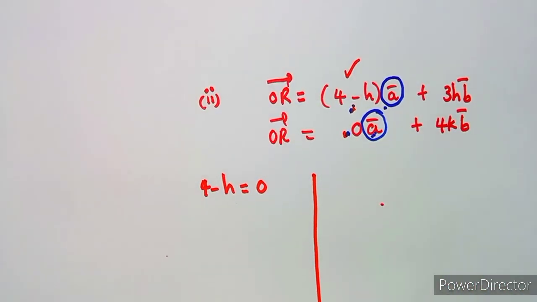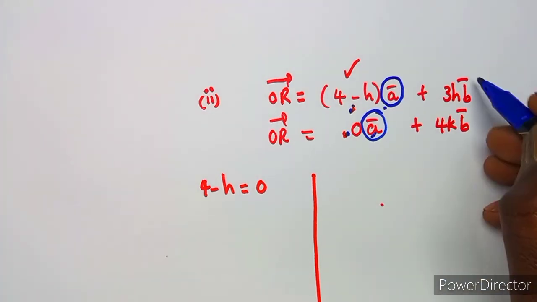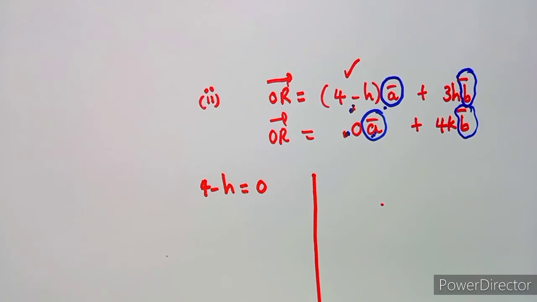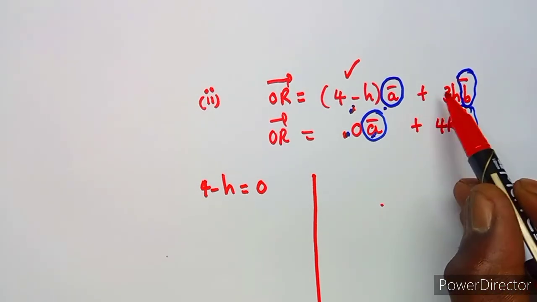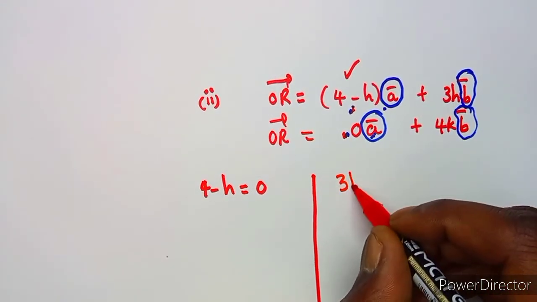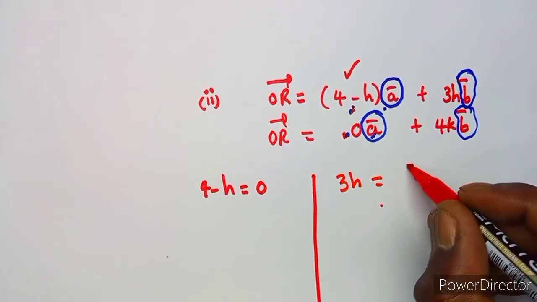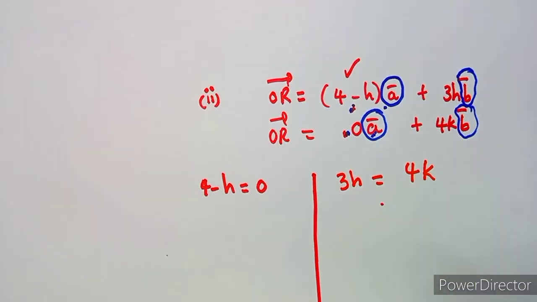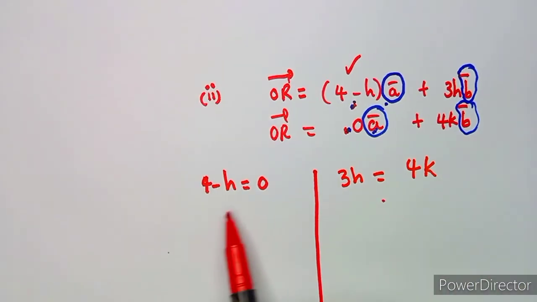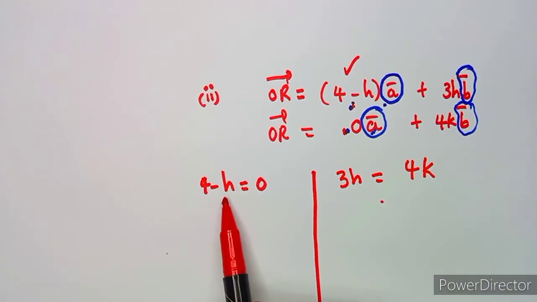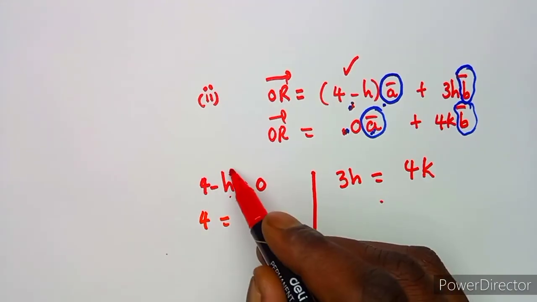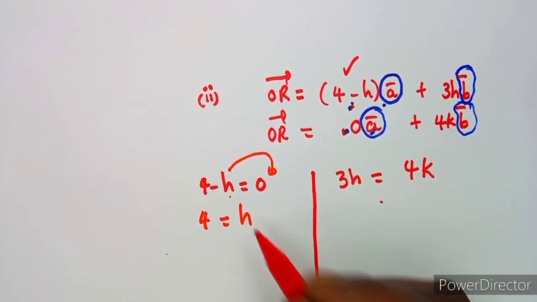Your second equation, we move on to B. This is our B here, this is our B here. So we equate these constants. It's plus 3H, so it's 3H, which is equal to 4K. That is to equate. Okay, so I can take advantage here of solving this one because already I'm having one unknown, which is H. So 4 is equal to H, with H moved to this side as a positive.